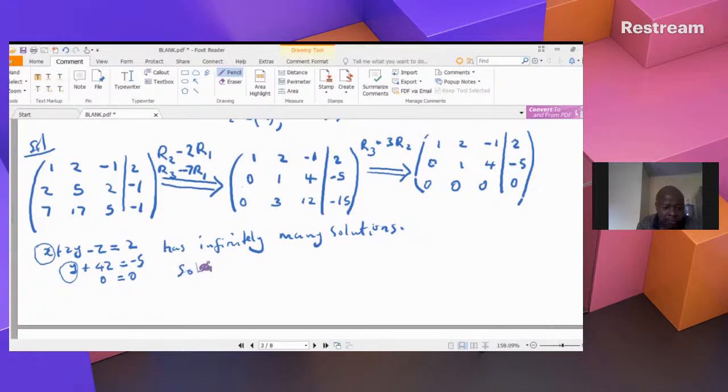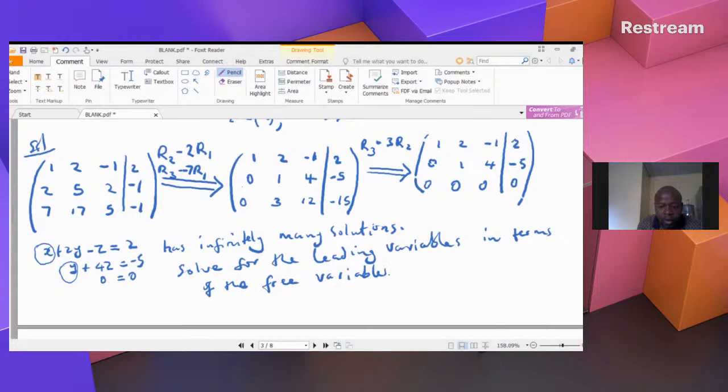The leading variables here are x and y, the ones I've circled. We solve for the leading variables in terms of the other variables, which we call the free variables.